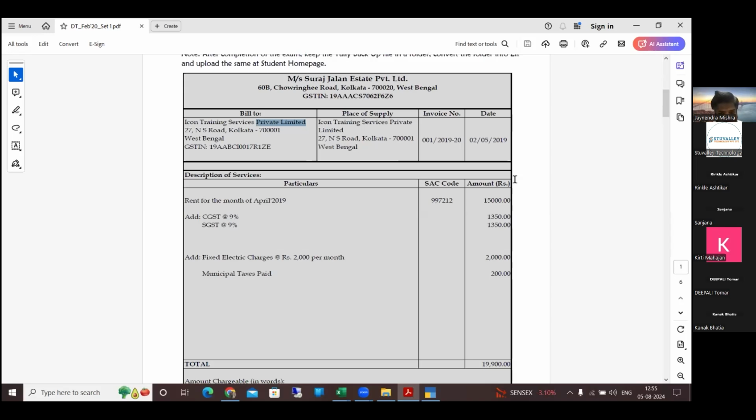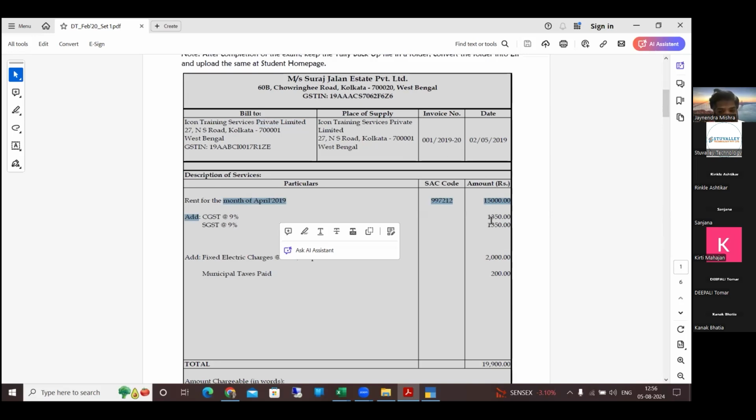Now, friends, try to analyze this invoice. Our company is paying rent to Suraj Jalan. Why are we paying rent? Because we have taken a property of Suraj Jalan on rent.